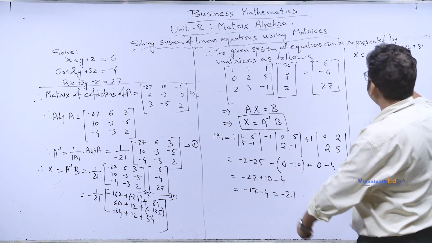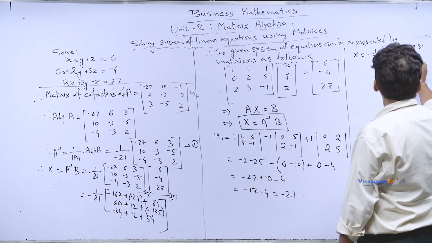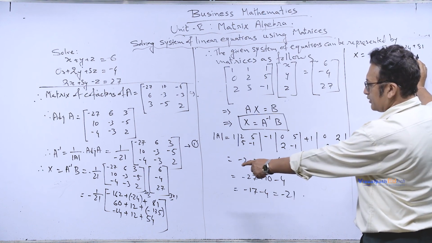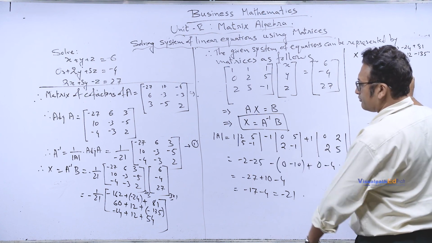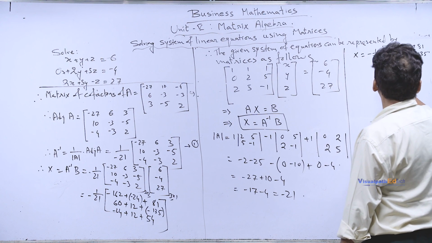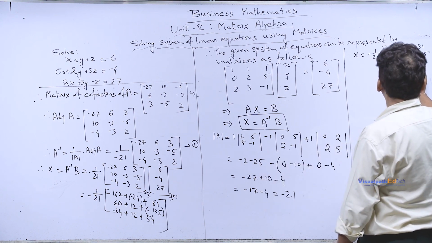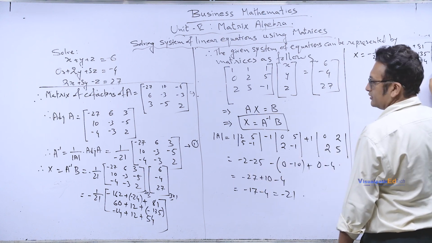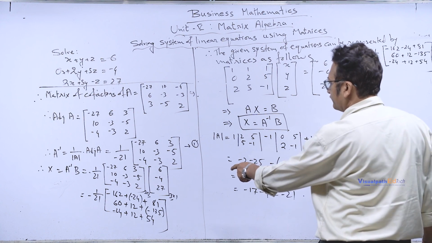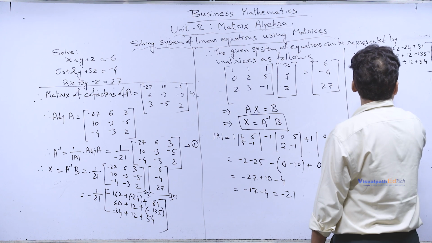Then we have 60 plus 12, and then plus into minus, minus 135. Finally, we have minus 24, then we have plus 12 and we have plus 54. Okay, that's what we are going to get. Correct.